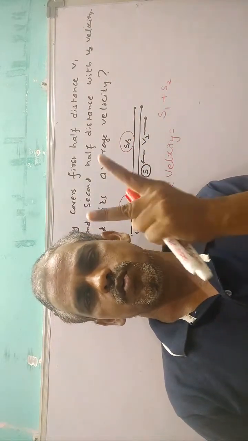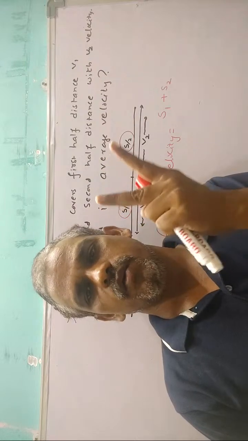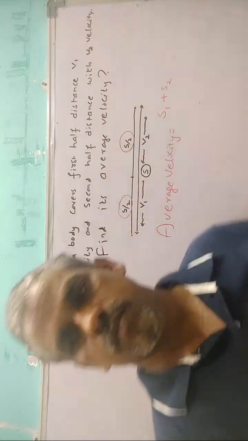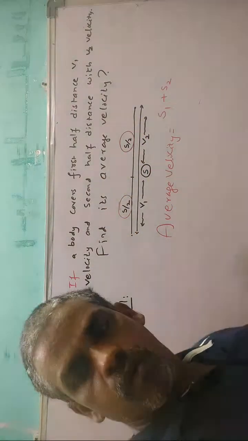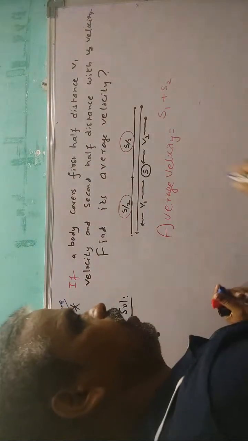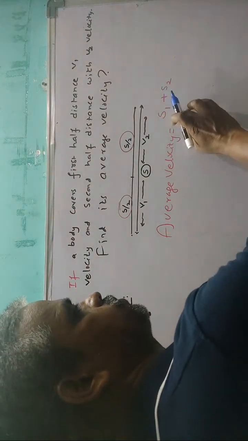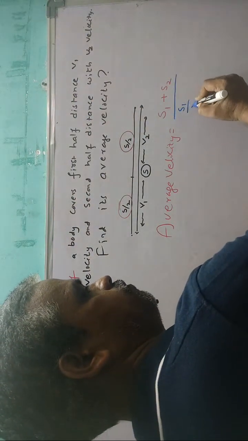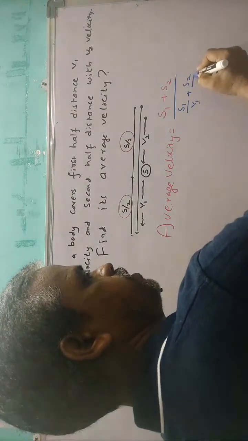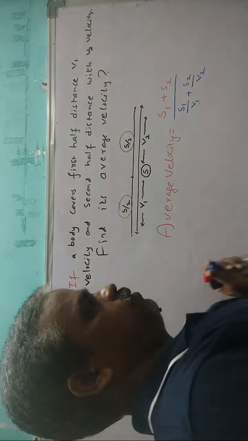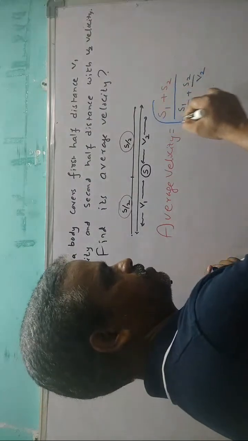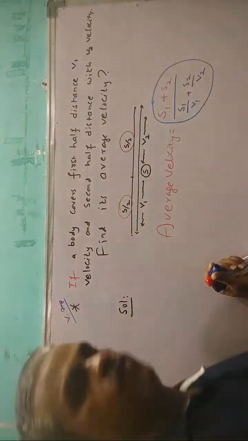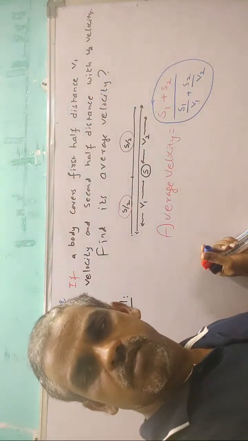You have two displacements and two velocities. Now average velocity equals S1 plus S2 by S1 by V1 plus S2 by V2. Already I discussed this formula in the last question. We just apply it to this situation.